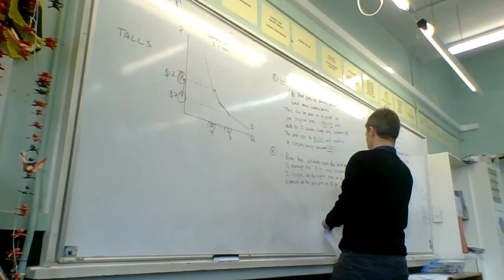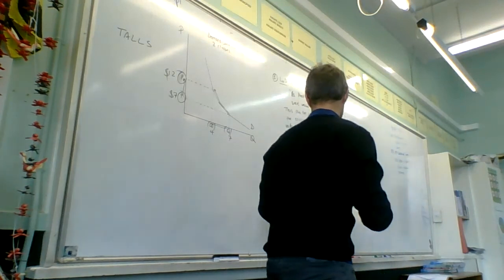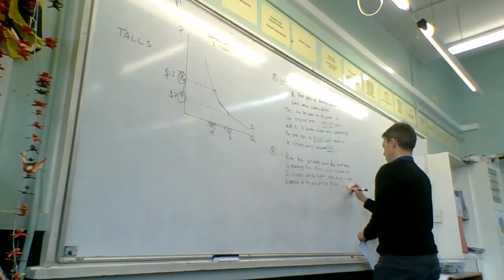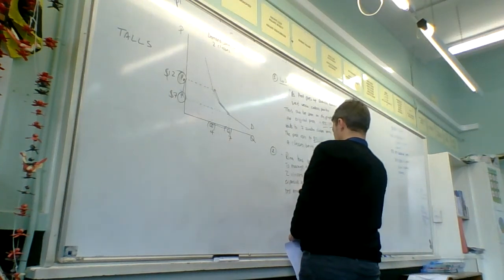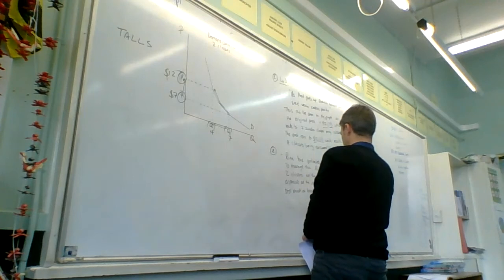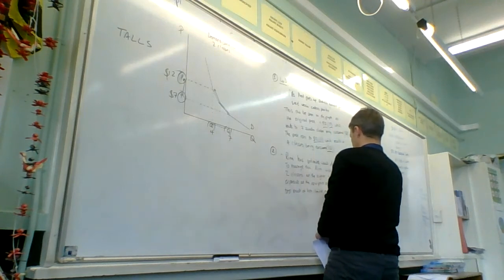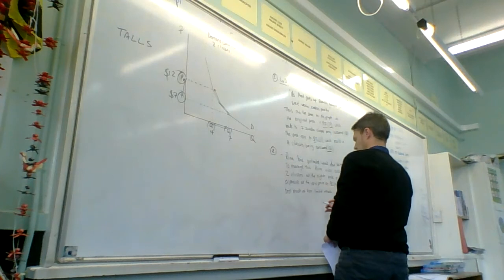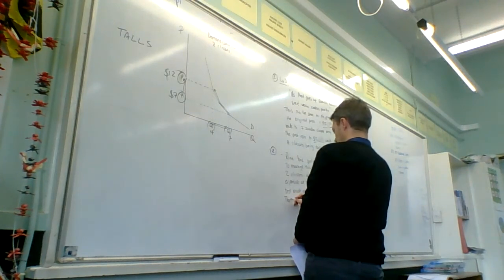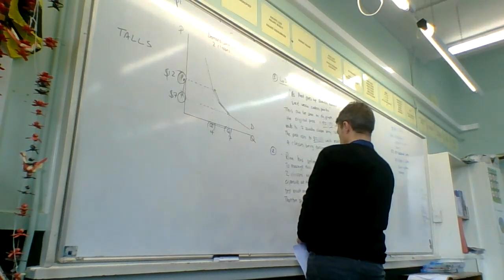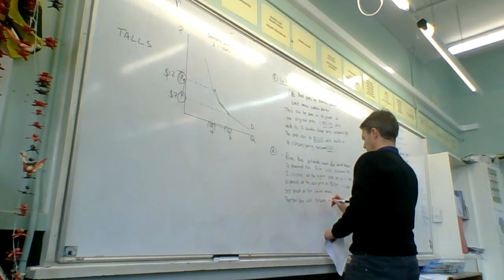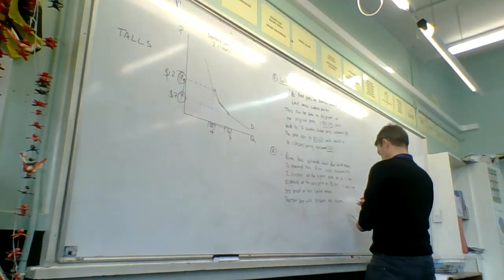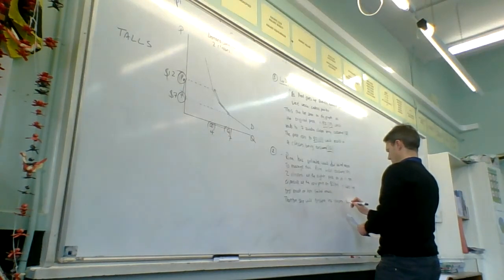Stick in the label there if you want. Too expensive and uses up too much of her limited means. You can say, therefore, less classes, so Q1.